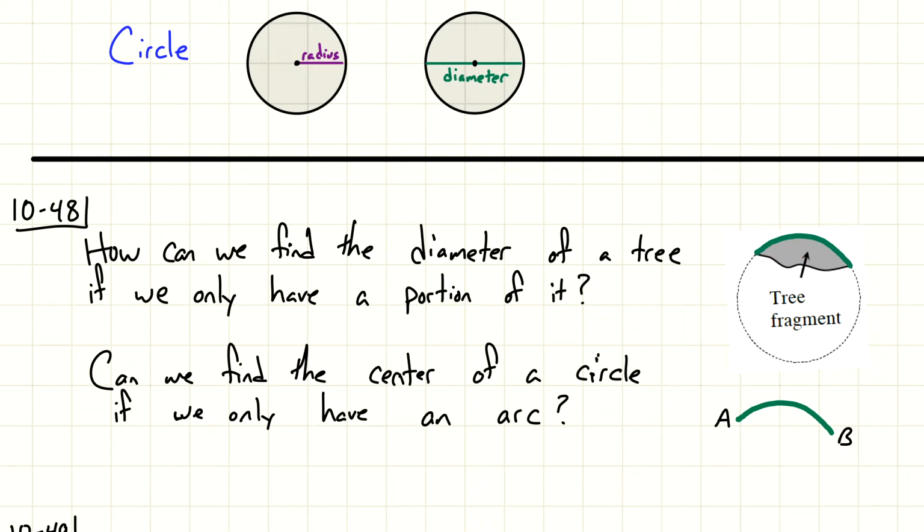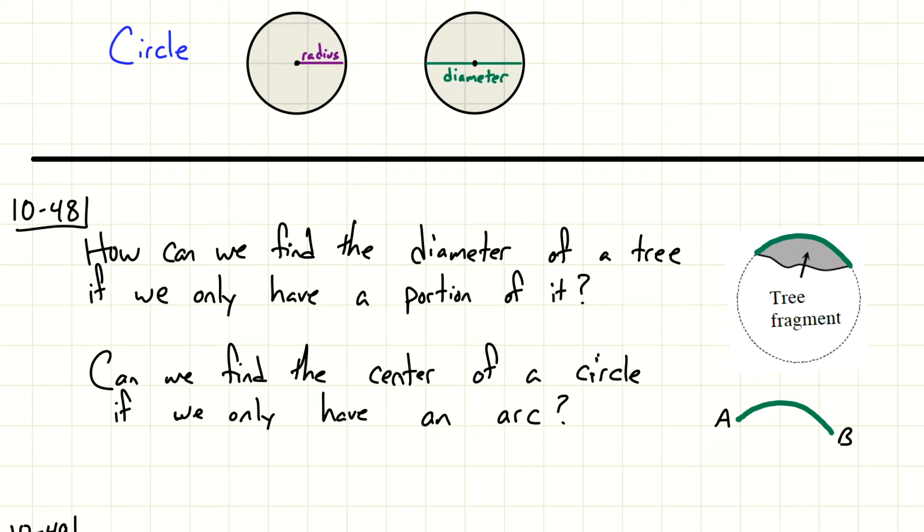So how can we figure out the diameter? How wide is this tree if we don't even have the whole tree to measure, right? And perhaps the tree is way too big for us to measure as well. So can we find the center of a circle if we only have an arc?